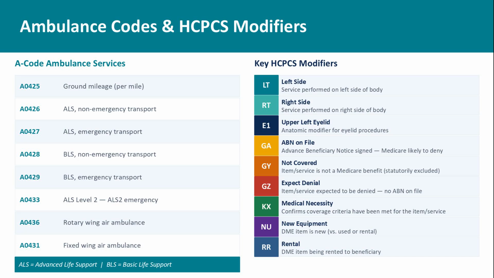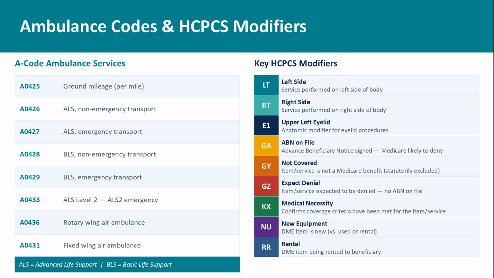Let's cover 2 more critical areas: ambulance codes and HCPCS-specific modifiers. Ambulance codes. These are A-codes, and they have their own unique billing logic. When a patient is transported by ambulance, you need at minimum 2 codes, one for the transport level and one for mileage. The transport level depends on what kind of life support was provided.